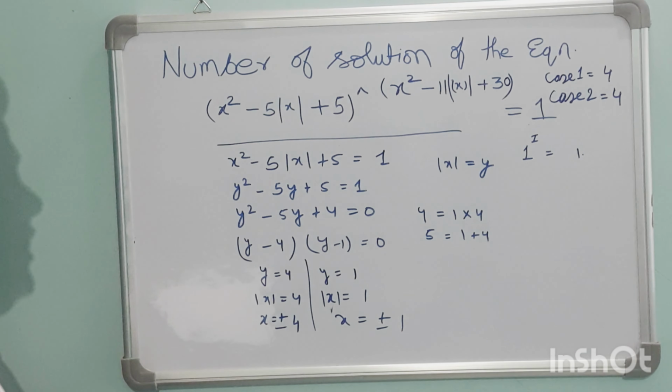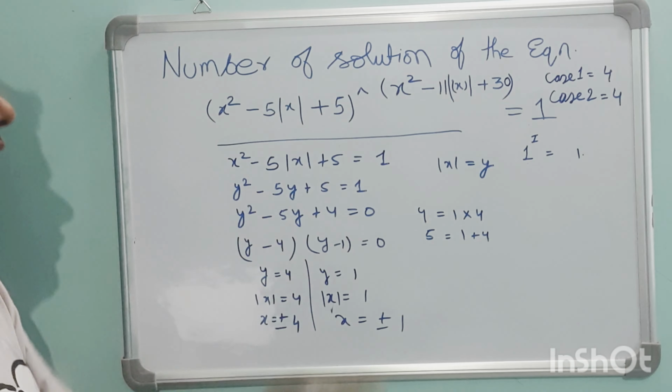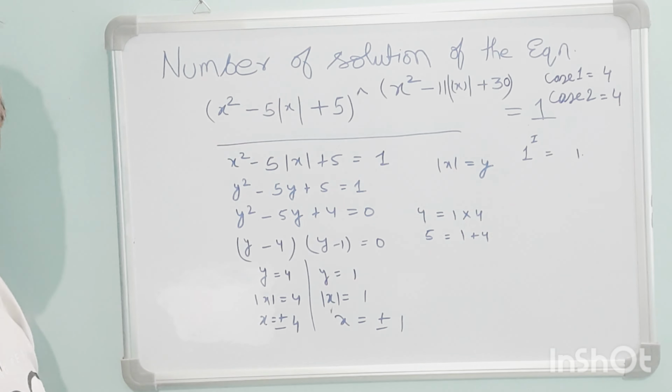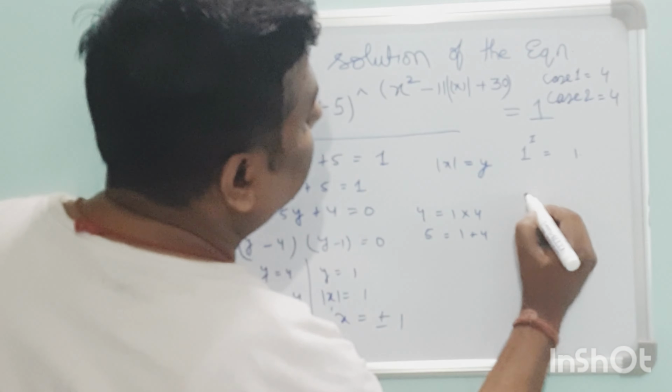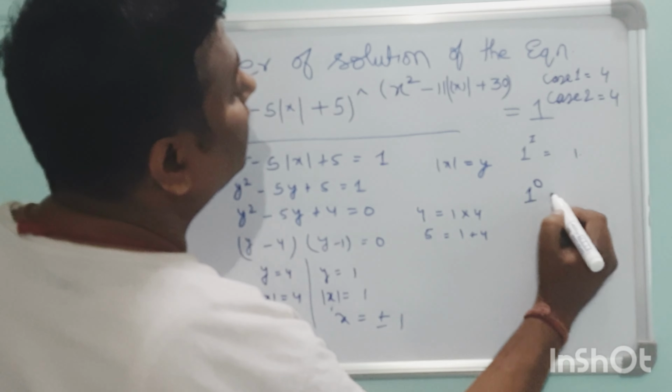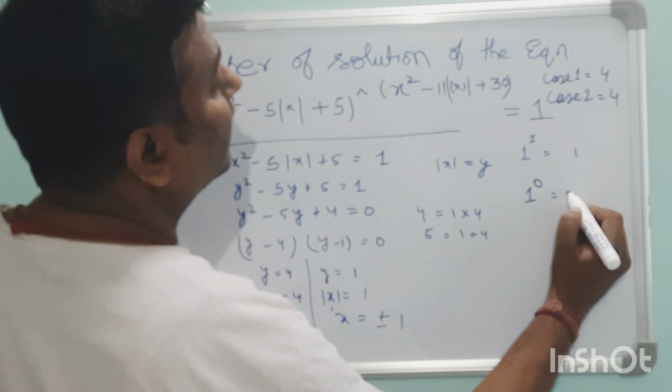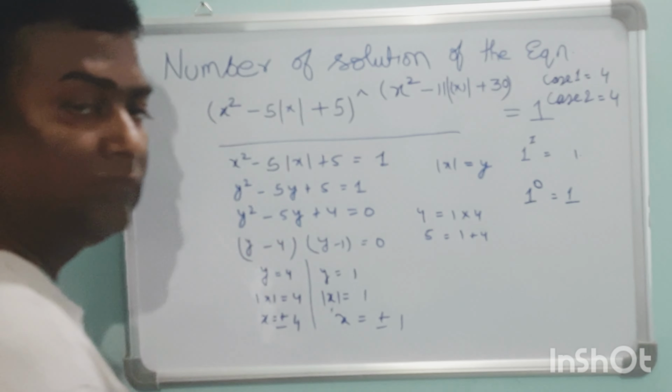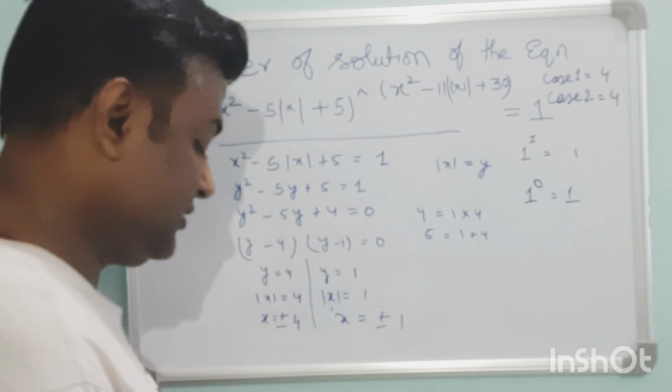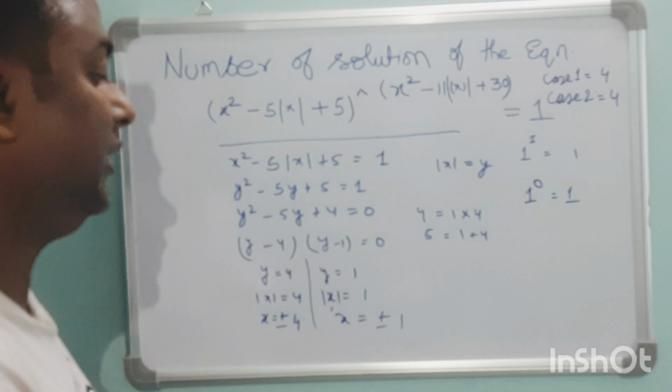Do we need to check whether the power is 0? Not necessary. The reason is that if 1 is raised to power 0, then also it becomes 1. So that is the reason I am not checking the second part.